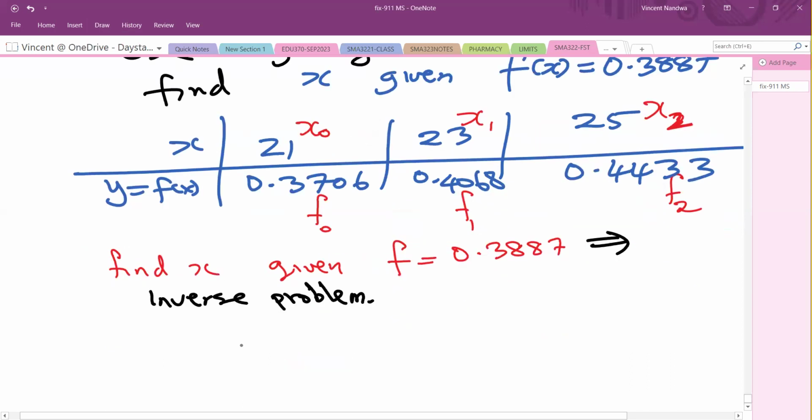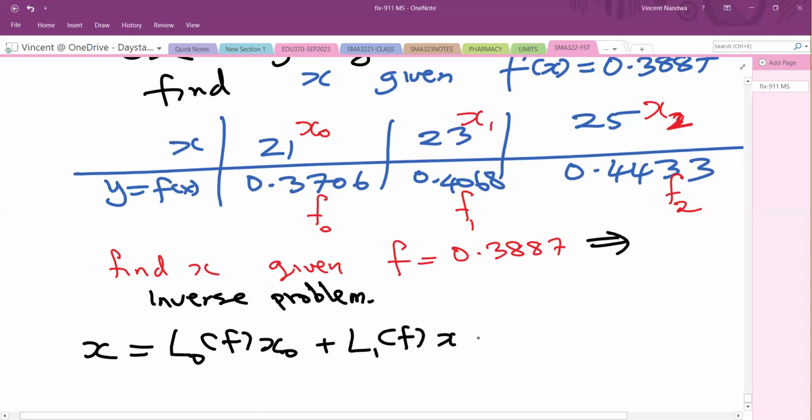So for an inverse problem, we'll write x is given by L naught of f times x naught plus L1 of f times x1, all the way up to Ln of f times xn.